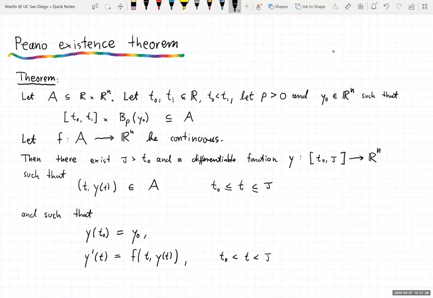In fact, also the surroundings in some sense of t naught and y naught are contained in the set A. So if I move from t naught up to some time t1, which might be small, but still larger than t naught, and if I move from y naught at some distance, which is at most rho, and rho might be small, but it's still positive, then all the values I can get are still contained in the set A. The set A, in some sense, is the set of all admissible inputs for the function f.